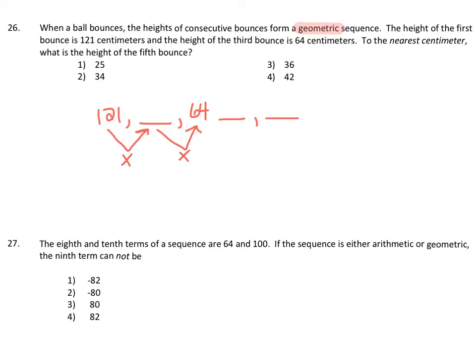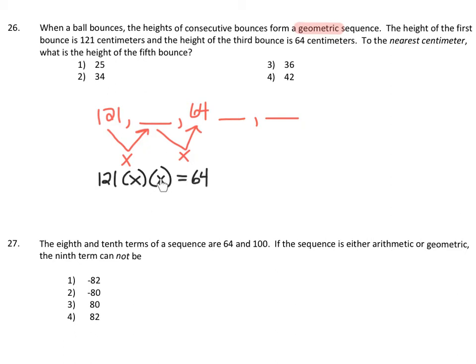All right, so let's think about this. 121 times x will give me the second term, and the second term times x will give me the third term. So basically, if I take 121 and multiply it by x, and then multiply it by x again, it'll give me 64. Okay, so let me write that out. So 121 times x times x equals 64.